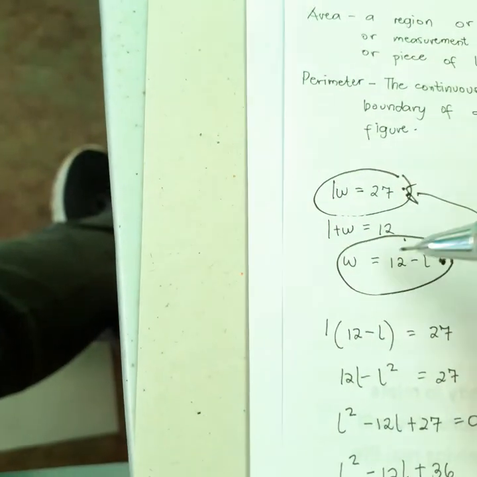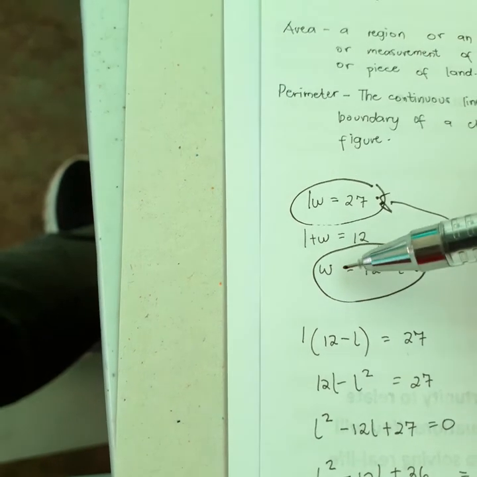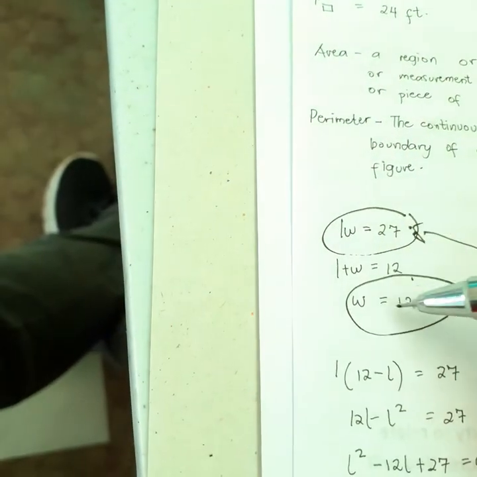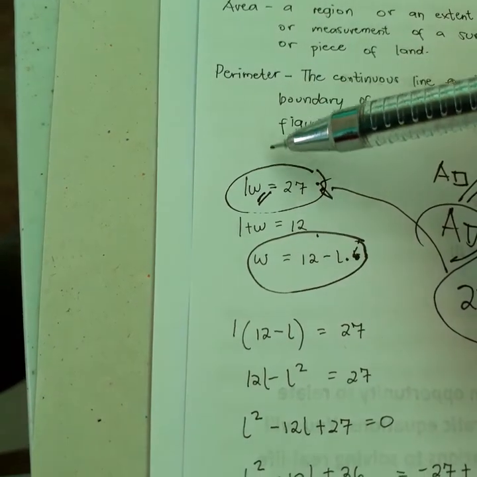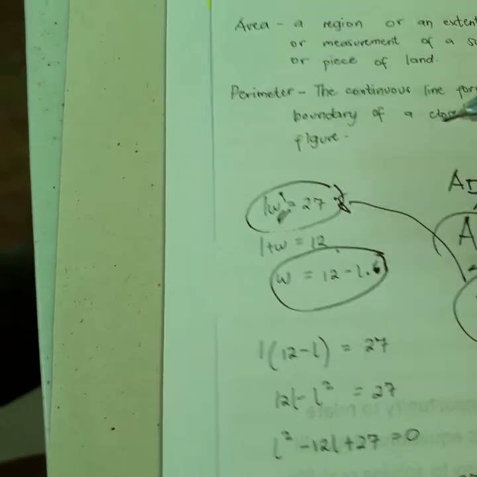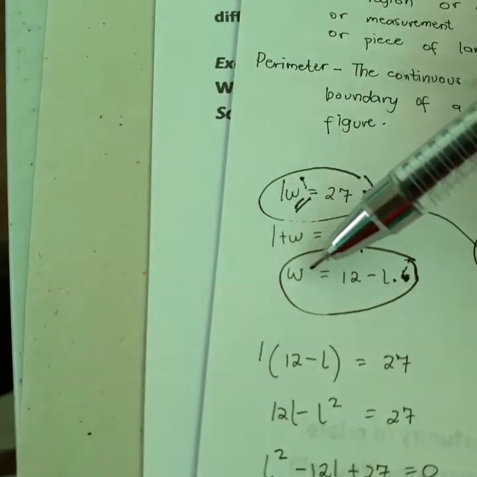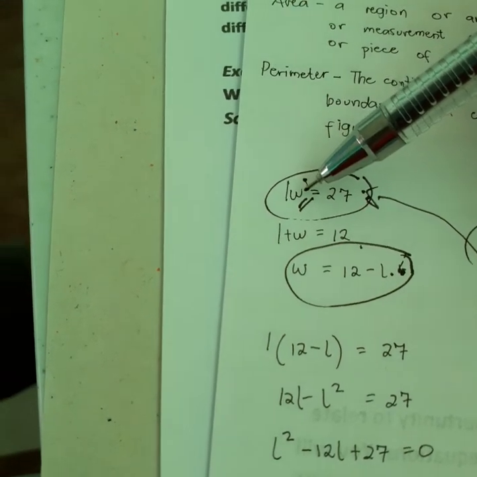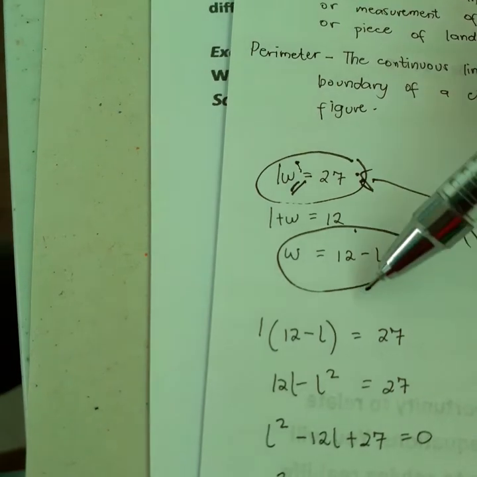So how? Since we know that the value of W is 12 minus L, we see W above, so we replace W with 12 minus L. Because the below equation says that W is equal to 12 minus L. So since there is W above, we replace W with 12 minus L. So we derive this equation.